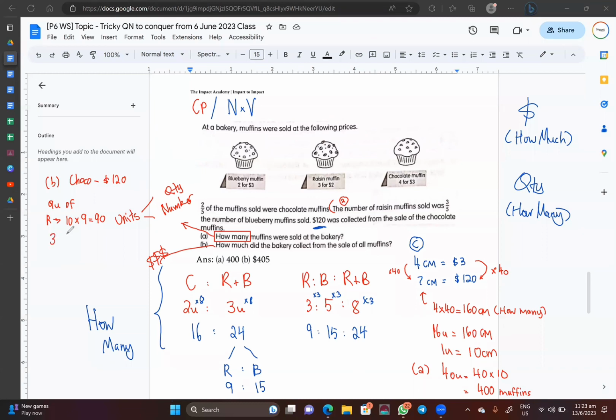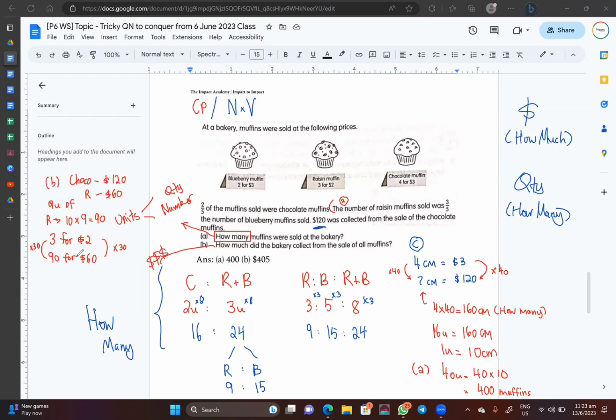Now, if 3 is for $2, then you need to write down 90 for, so over here, what do you have to do? You have to times 30. Okay, so when I do something to the left, I must do something to the right. So you also times 30 over here, and therefore over here has to be $60. And this is for raisin. So I'm just going to write over here, raisin is $60.